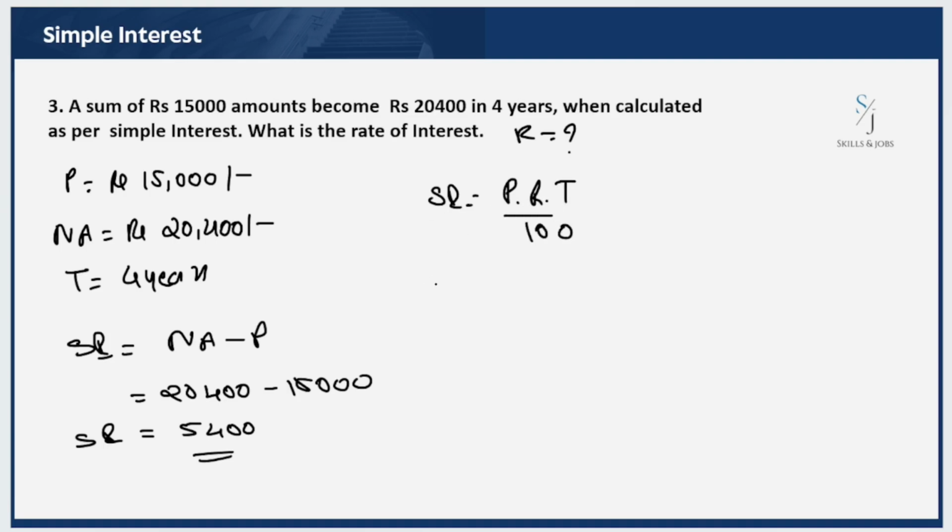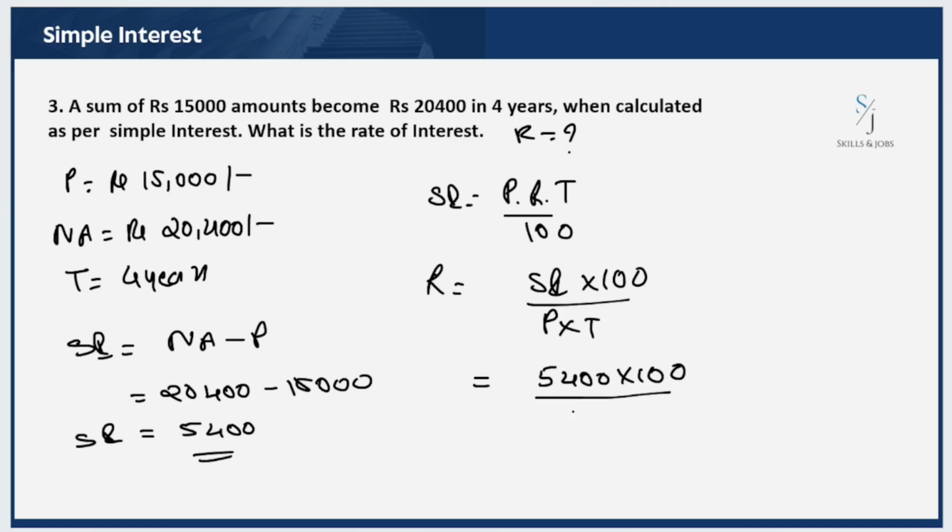We need to find out R. So R is equal to simple interest into 100 divided by P into T. Substitute the values: 5400 into 100 divided by 15,000 into time, which is 4. Let's solve this. The answer is going to be 9%. So the rate of interest is 9%.